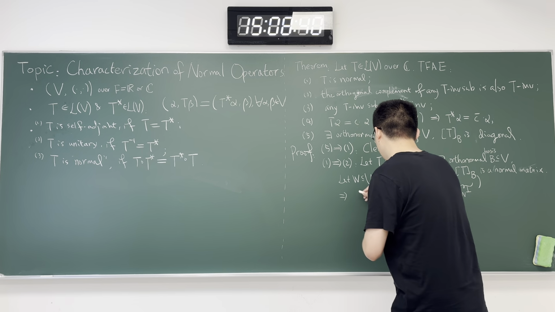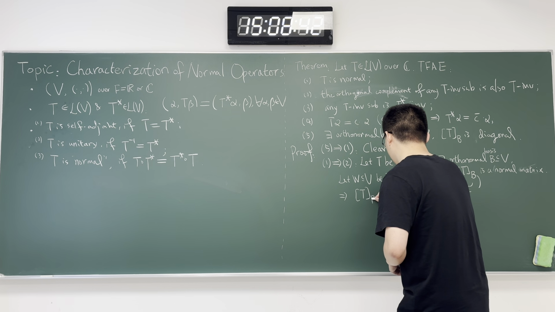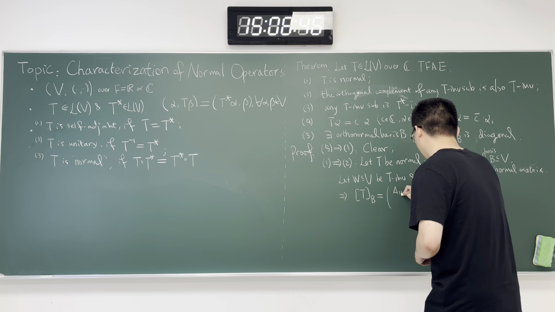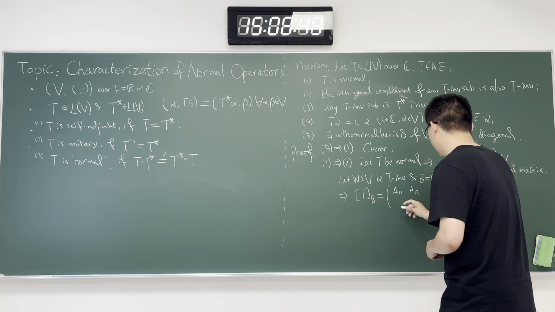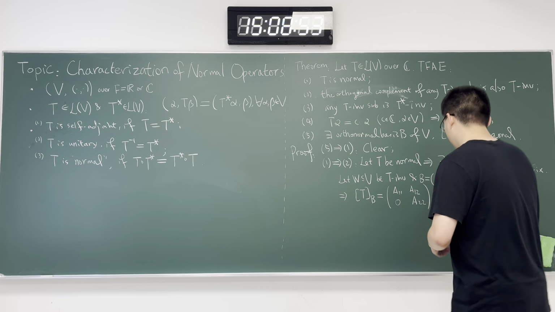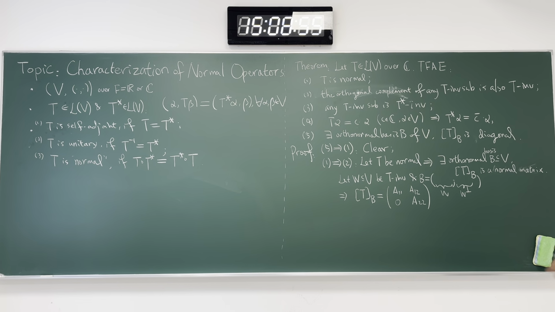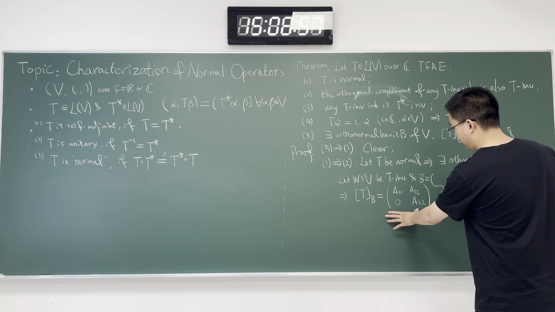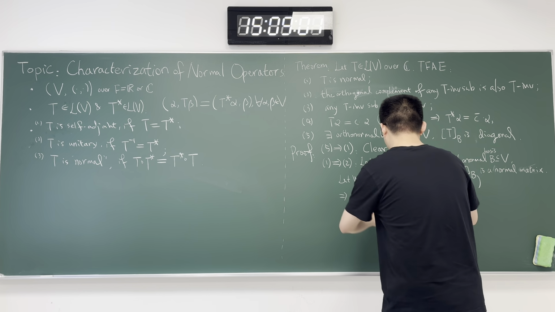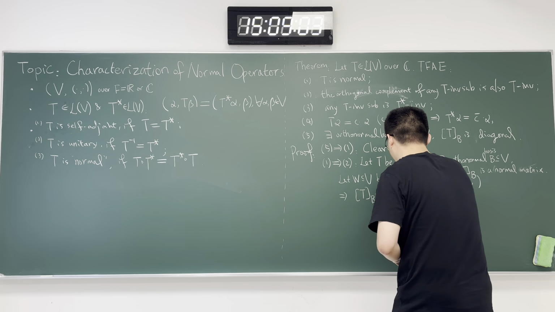We will have the matrix representation of the form A11, A12, and A21 is 0, A22. Then we should check the normality of this matrix. Let me call it capital A here.